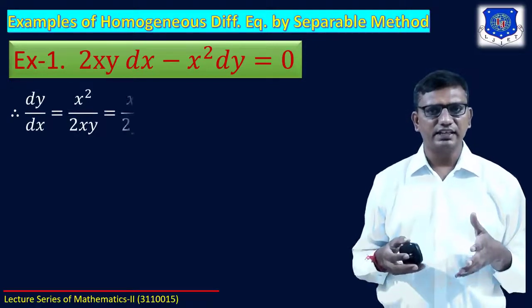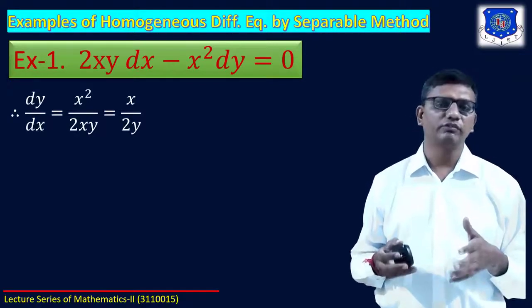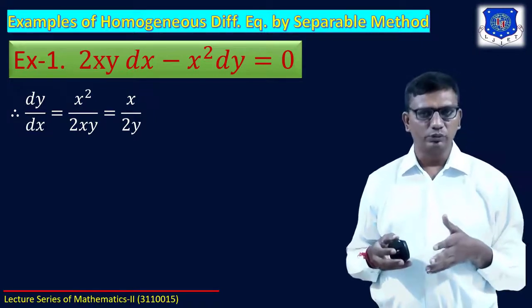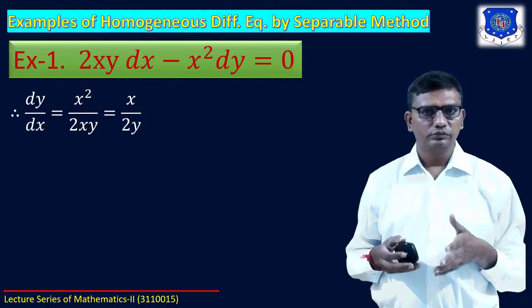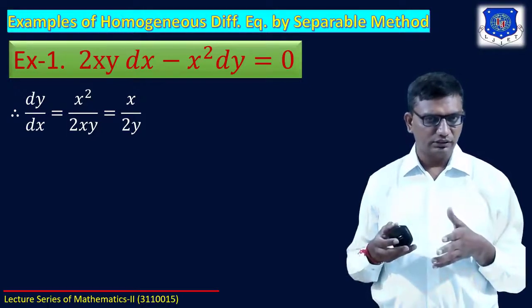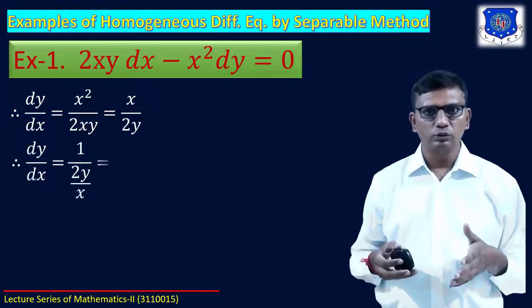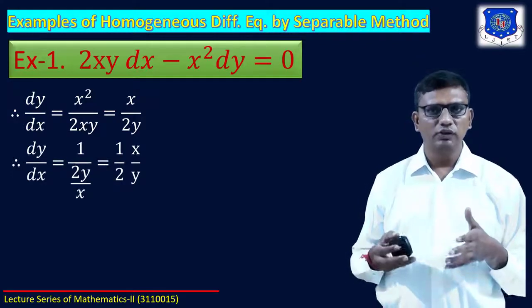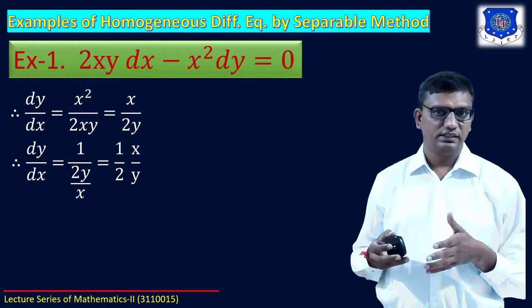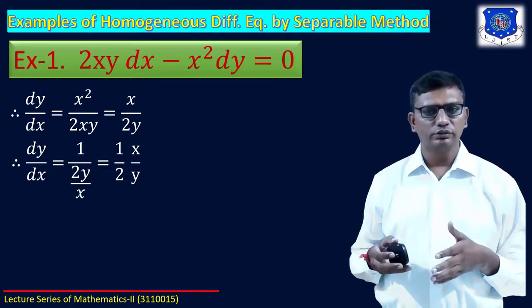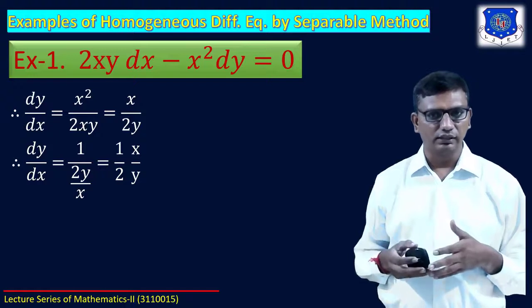Now dy by dx can be written like this: dy by dx equal to x square upon 2xy, that is equal to x upon 2y. Now we can rewrite this differential equation as dy by dx equal to 1 upon 2 times y by x.